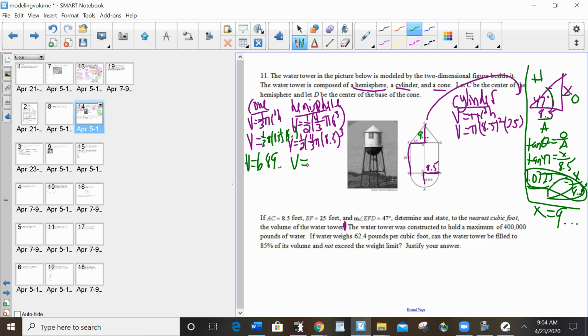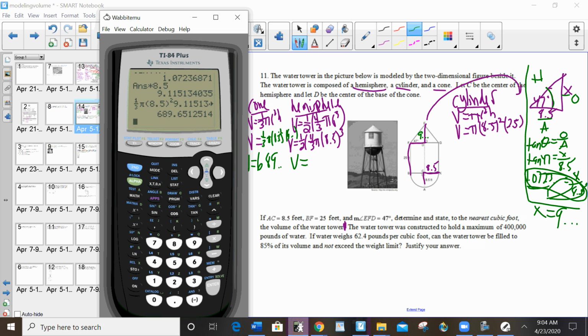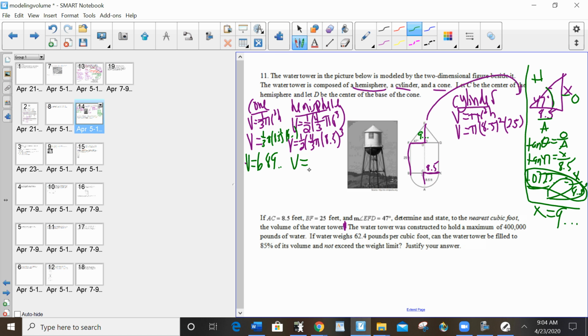Now the hemisphere, alpha y equals enter, 1/2 times 4/3 pi times 8.5 cubed, 1286 dot dot dot.